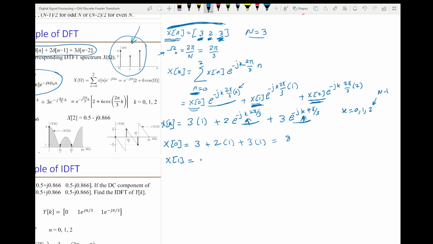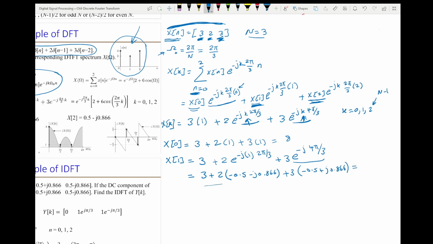So that will be 3 plus, and if you use your calculator, you should get the following. Minus 0.5 plus 3. And again, if you use your calculator, this will be. Now, if you add the reals and the imaginary here, this finally comes to be 0.5 plus j.